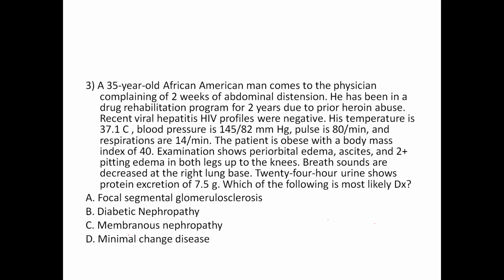The patient is obese with a body mass index of around 14. The examination shows periorbital edema, ascites, and grade 2 pitting edema in both legs up to the knee. Breath sounds are decreased at the right lung base. 24-hour urine shows protein excretion of 7.5 gram. Which of the following is the most likely diagnosis?